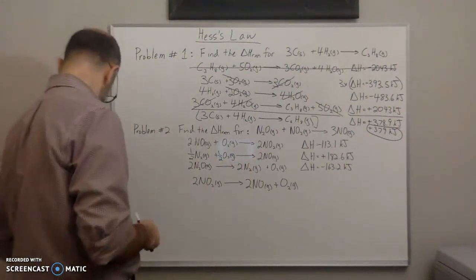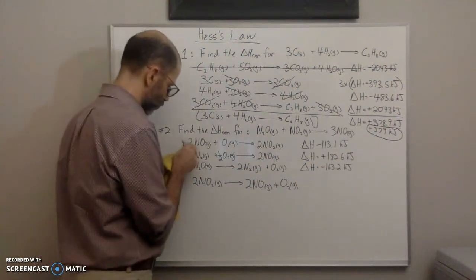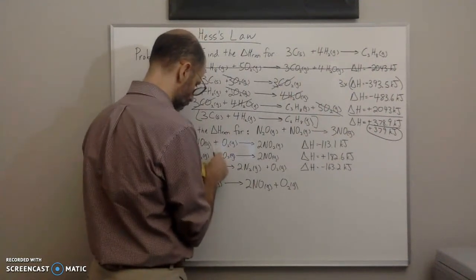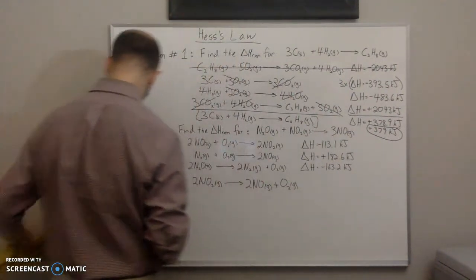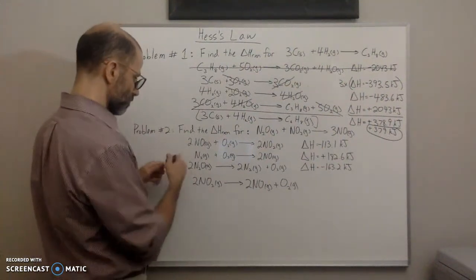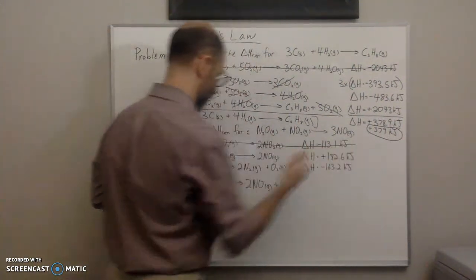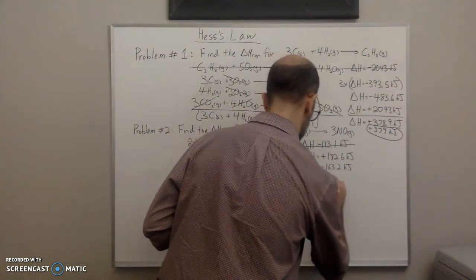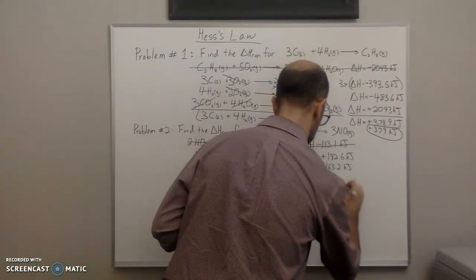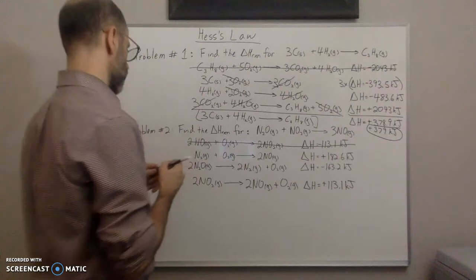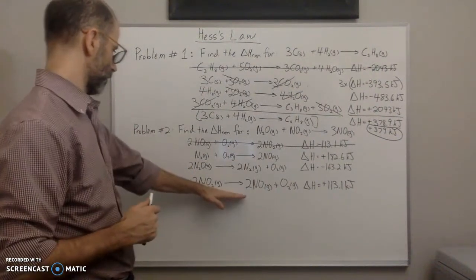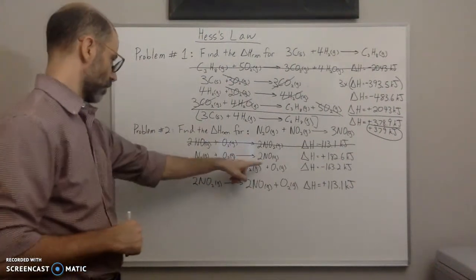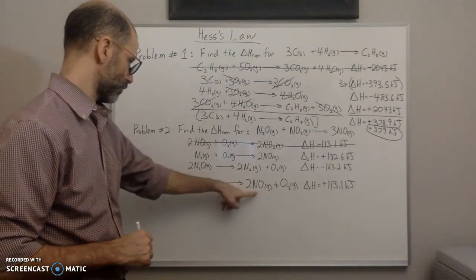That would be one way to do it. The other way to do it would be if I go another route, that stays there. So I've used this one already. I'm not going to use that again, so I'm going to get rid of this. And the delta H for this one, before I forget, is going to be a positive 113.1 kilojoules. Okay, so now I have this one here, and I have 2NO, and I have 2NO.